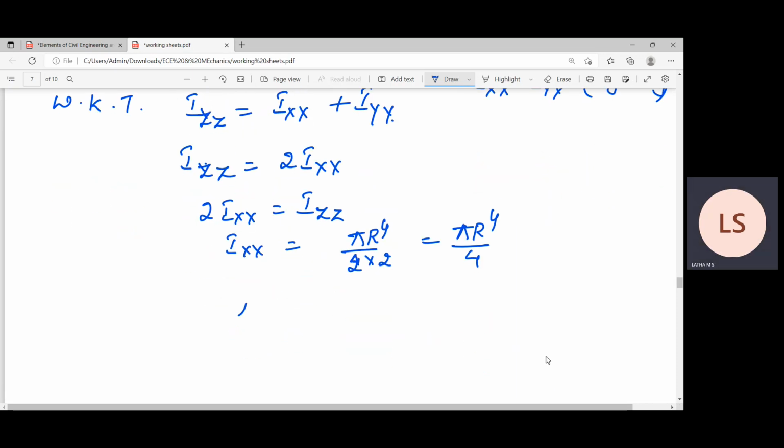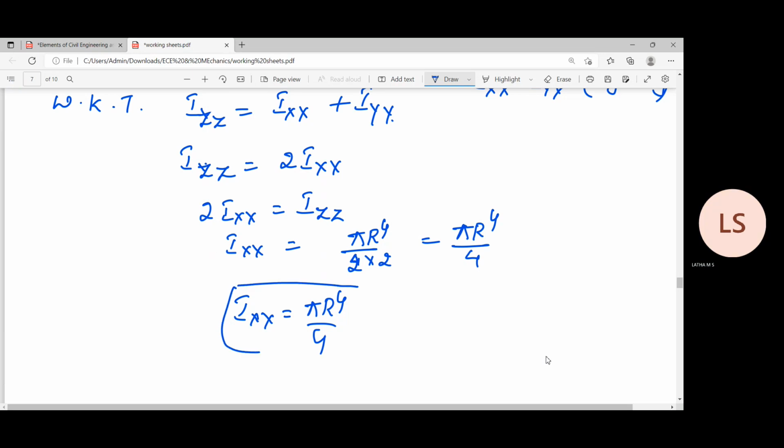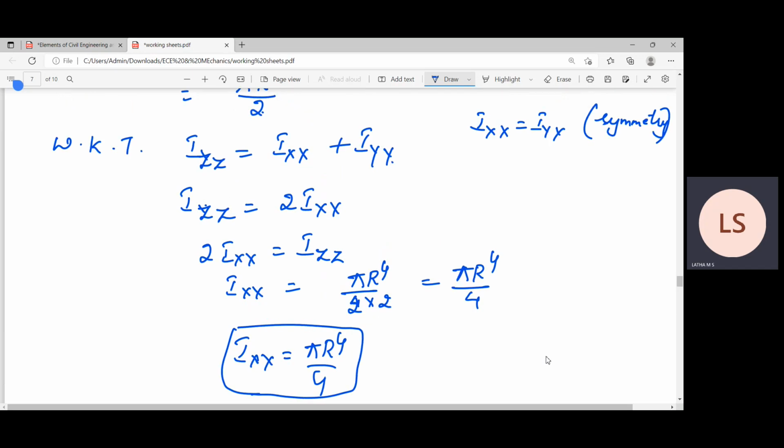So Ixx equals pi r to the power of 4 by 4. Since Ixx equals Iyy, this is also equal to Iyy. Okay, students, is this clear?